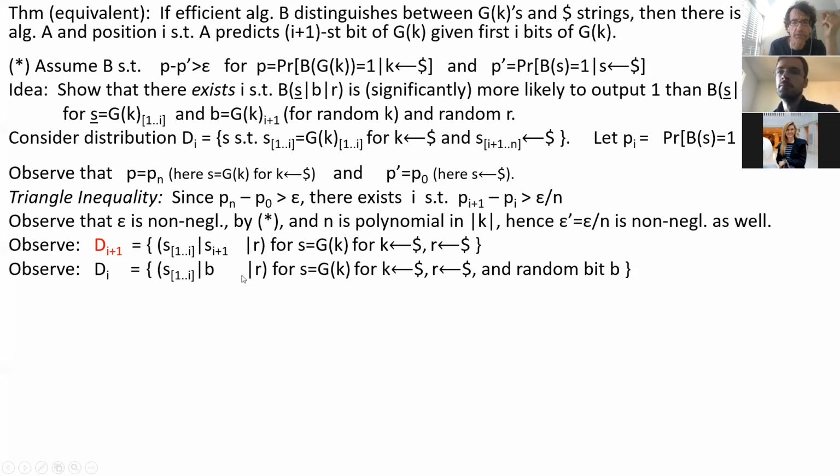Now, we are not home yet. D_{i+1} is you get the first i plus 1 bits that are correct, and then you get random. D_i is you get this bit here, the i plus first, replaced by a random one.